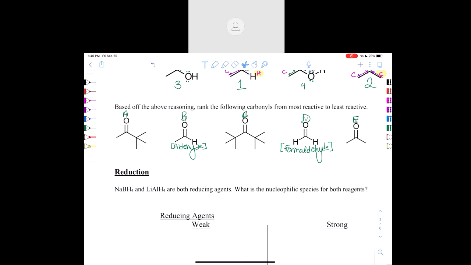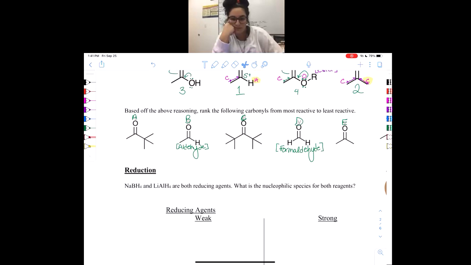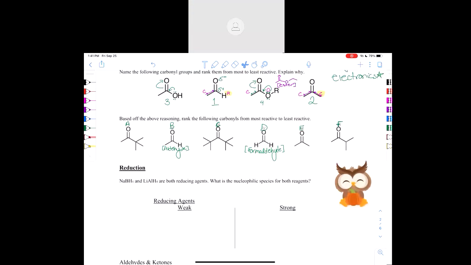Okay, so I was at the steric hindrance. After the aldehyde and the formaldehyde, there's the ketone, and then after the ketone, could you zoom out a little bit? You're missing one on the screen. Oh no, there it is. Okay.